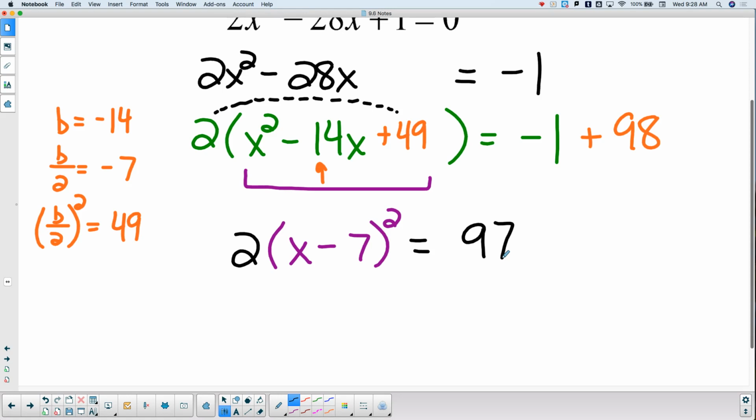Divide both sides by 2 first. Now we can square root both sides.